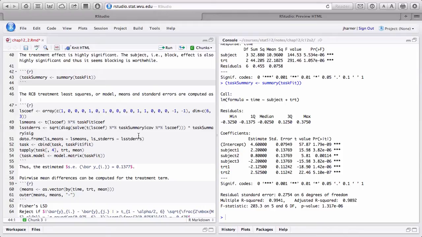You can think of this as a matrix where you have subjects as rows and treatments as columns. So that would be a 4x3 matrix, and you have 12 values for that matrix. So how do you think you would get the means?